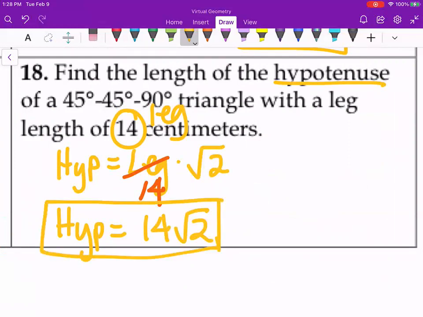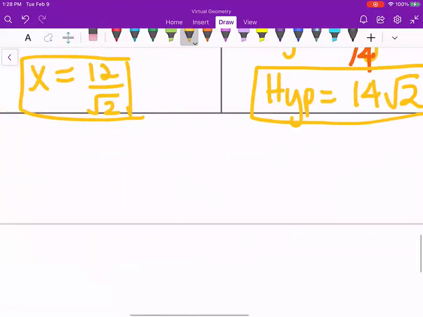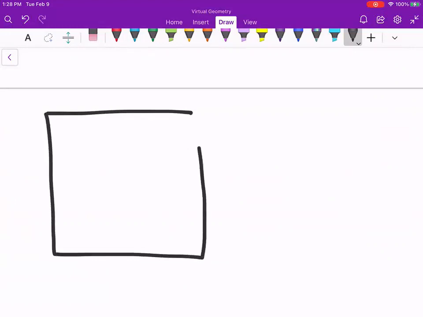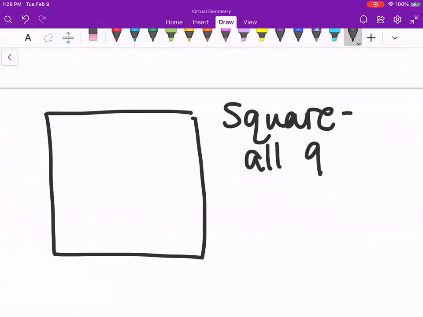Now, just some reminders from some shapes that you actually worked with in middle school that do involve 45, 45, 90 degree triangles, just to remind everybody of some of these basic shapes. The square is a shape that does contain 45, 45, 90 triangles. So just keep in mind from middle school, squares have all 90 degrees.